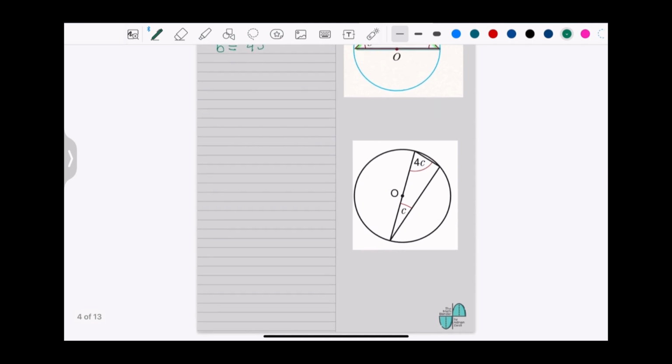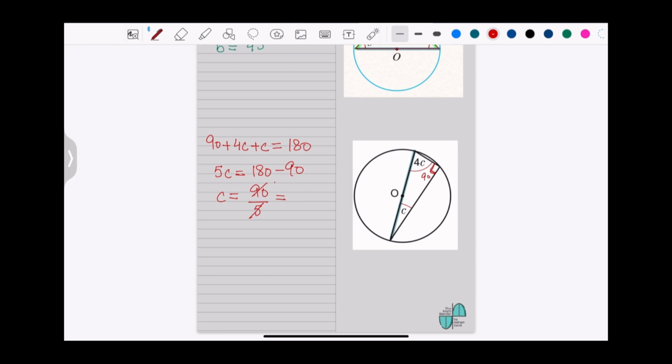So let's look at this one. The first step is to identify the diameter, and as you can see it is passing through the center O, and the angle that is opposite is going to be this one, 90 degrees. So same, I can say that 90 plus 4C plus C, all three angles, is equal to 180, and 5C is equal to 180 minus 90, and C is equal to 90 over 5.